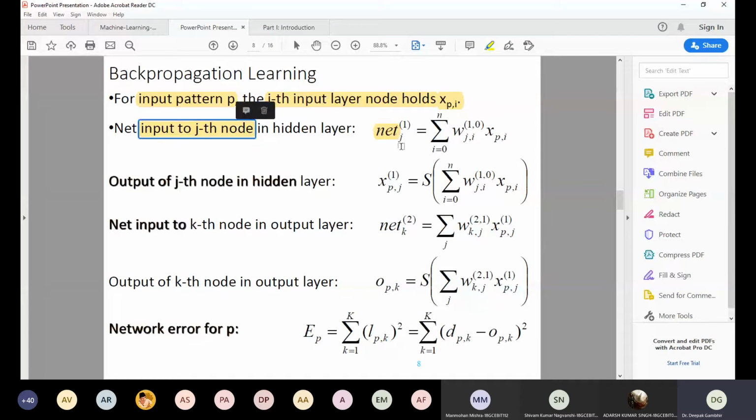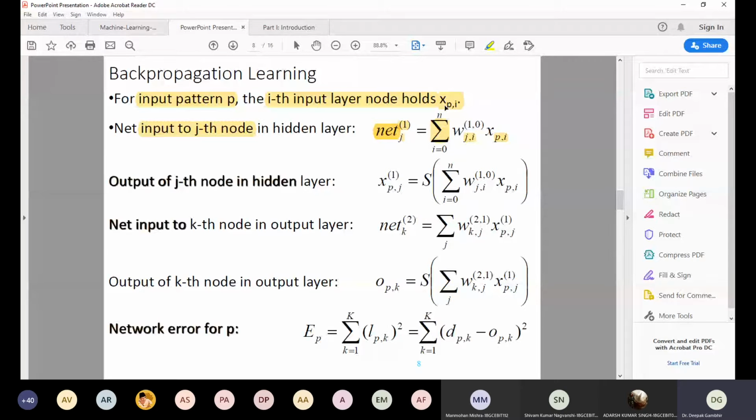For the jth node we write subscript j, and for the hidden layer we write superscript 1, so it is written net_j^1. You must understand this terminology, otherwise you will get confused when you write the program for this backpropagation learning.